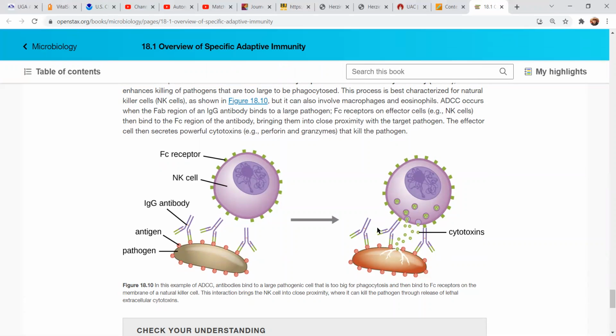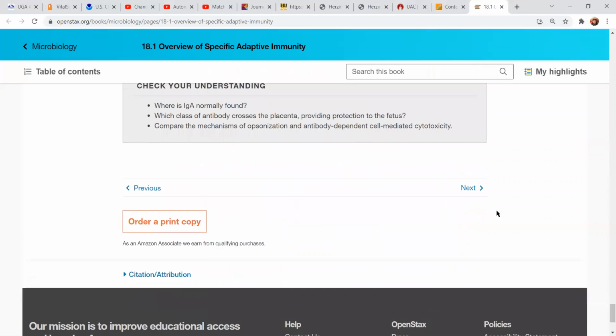So these chemicals that are toxic to the cell, and it kills the cell that way. So basically the antibodies are marking that cell for destruction. And these natural killer cells are going to have a receptor that's going to bind to those antibodies to allow that to happen.